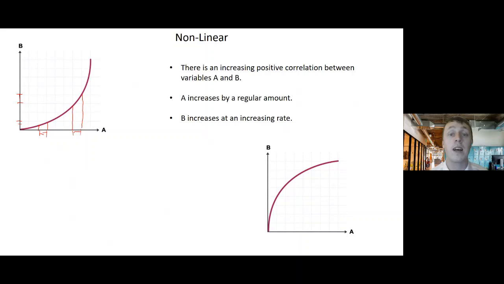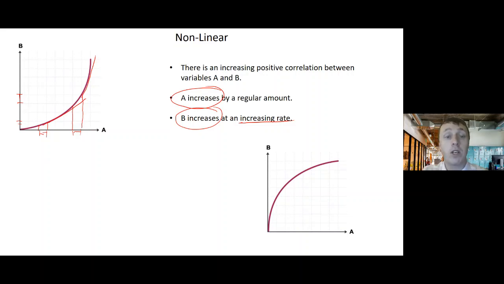What that means is that we have a graph that is getting steeper. So if we were to look at it at the bottom, we see it's not that steep, but as you get to the top, it's getting a lot steeper. This means that as A increases, B also increases, but at an increasing rate. So notice how that extra keyword is coming into play here.